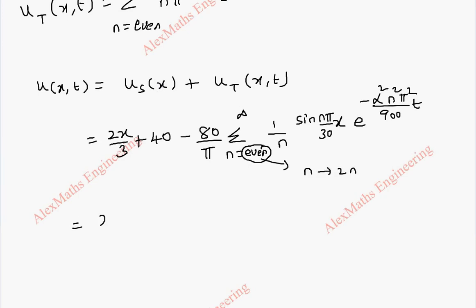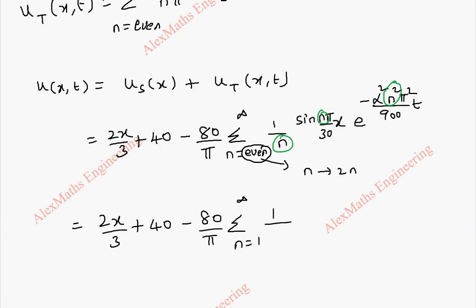So this becomes 2x by 3 plus 40 minus 80 by pi. Now summation n is from 1 to infinity. Every n is replaced as 2n. So all the n's are replaced as 2n.